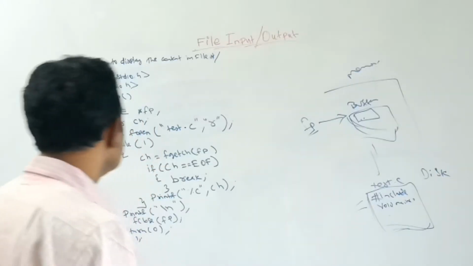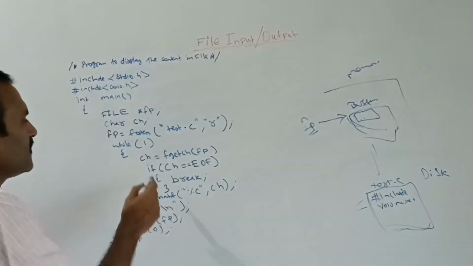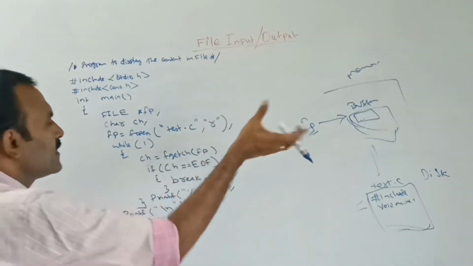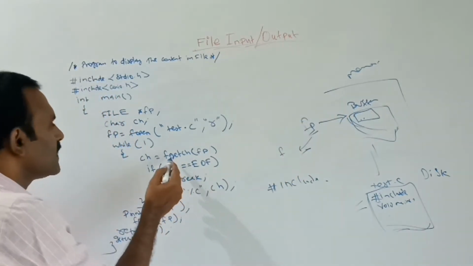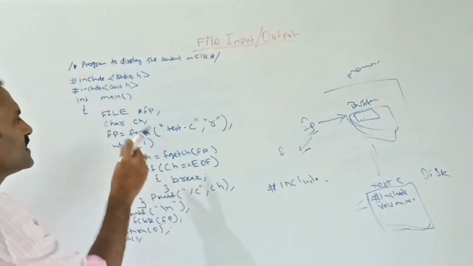So when am I going to stop? For this ch I am getting the value by using fgetc. With the fgetc function I am reading the value of f from the first position, that is the first letter. It will store, and continuously next: first the symbol will print, next i, next n, c, next. In this way, every letter is read by using this fgetc, and each letter is stored to ch, that is a single letter.